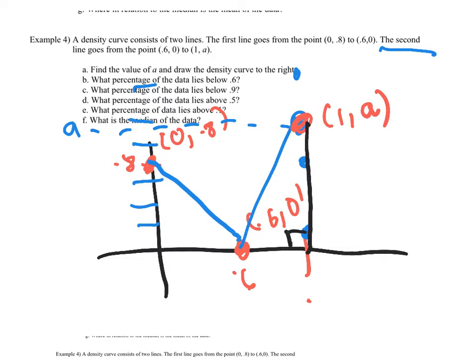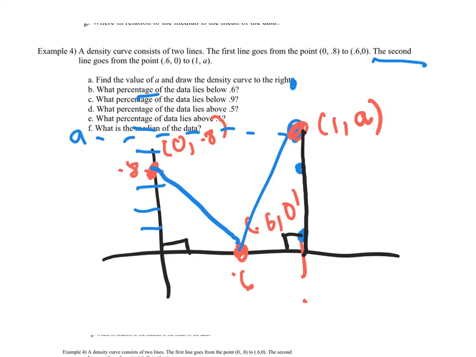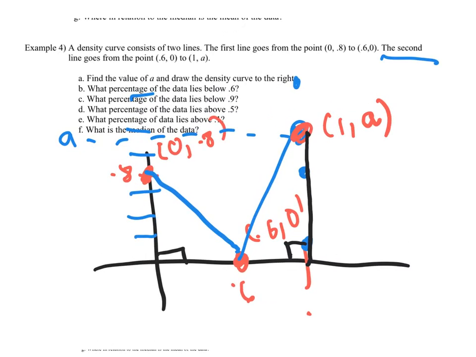So I have a right triangle here and a right triangle here. Yes, the area always has to add up to 1. That is the rule. So I'm going to save this picture because I think I'll use it more than once.